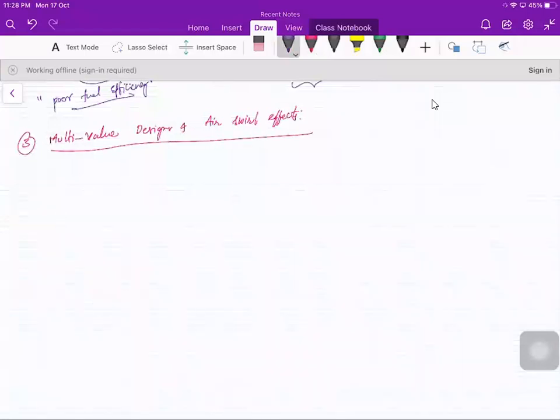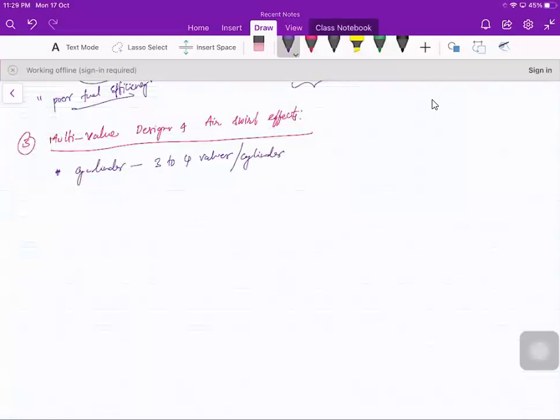Now, how do multi-valve designs in an engine and this air spilling effect affect the emissions? Today, if you take any modern cylinder, we have 3 to 4 valves per cylinder.